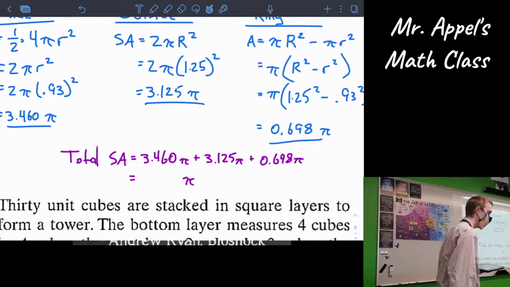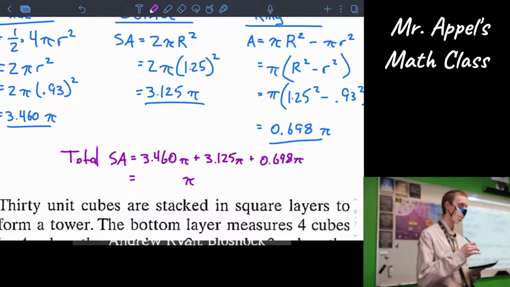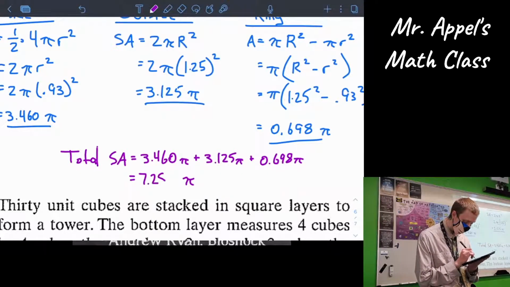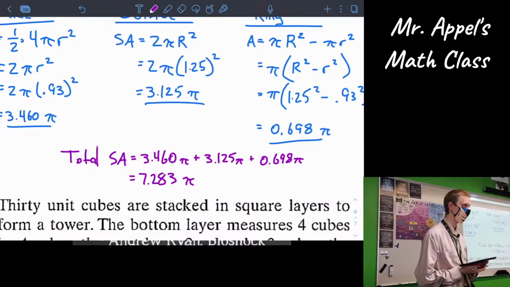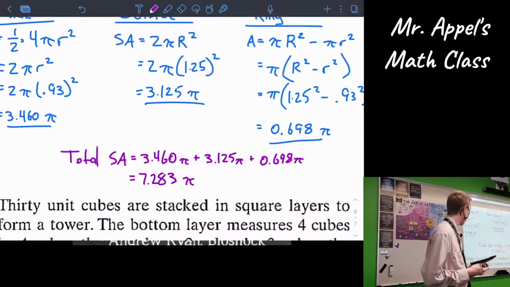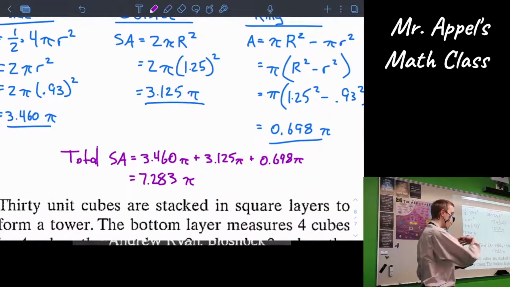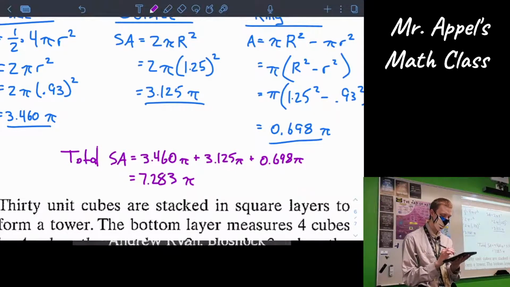Looks like at least 7 something, right? 7.23. Okay, and so that's our final answer. Now let's multiply by pi. Round to 2 decimal places.